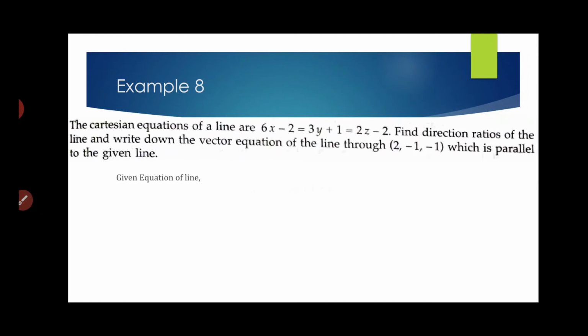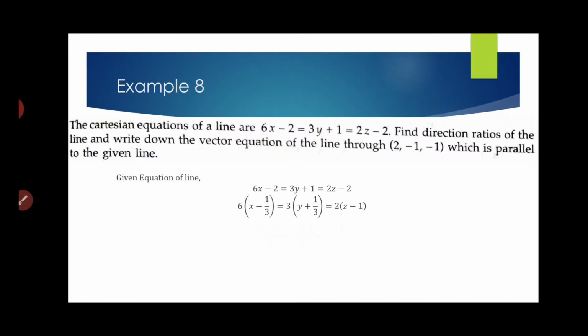So the line is given this, and I need to do some manipulation. So you can see 6x, 3y, 2z. So I need to remove all the constants first. So the best thing to do is divide it by 6 on all sides. Or let us first take 6 common out.